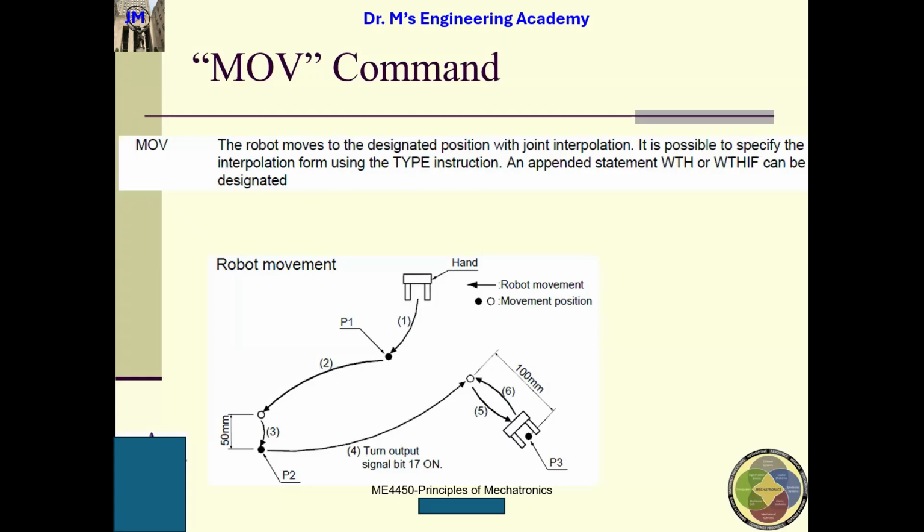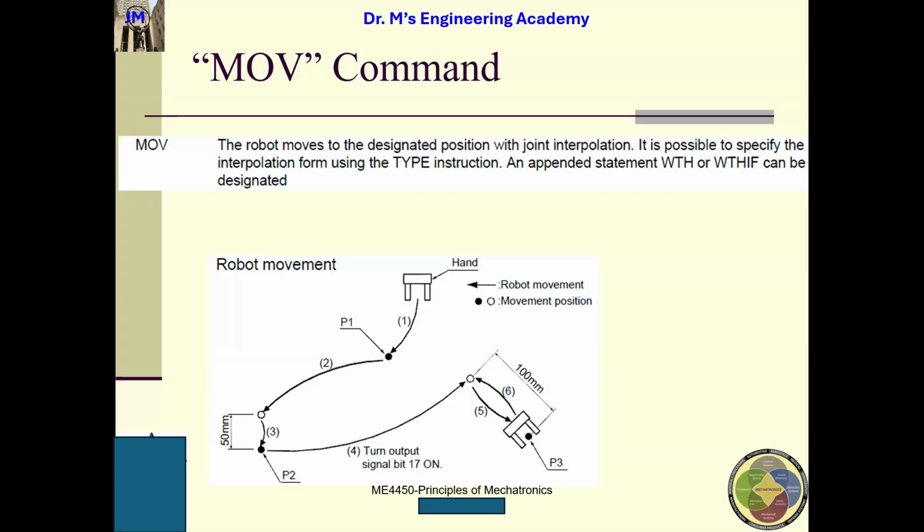So this is a hand, for example, and I want to move the hand to the P1 position, and then move to the P2 position. As I said, I want to grab this block.